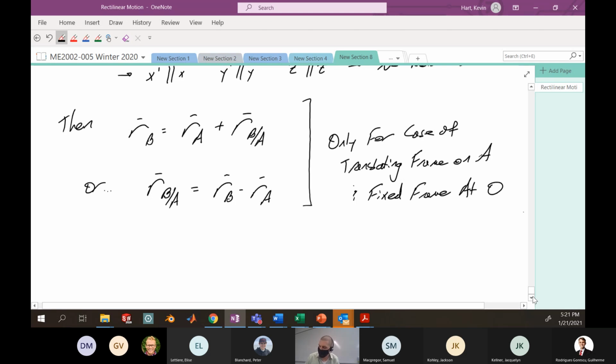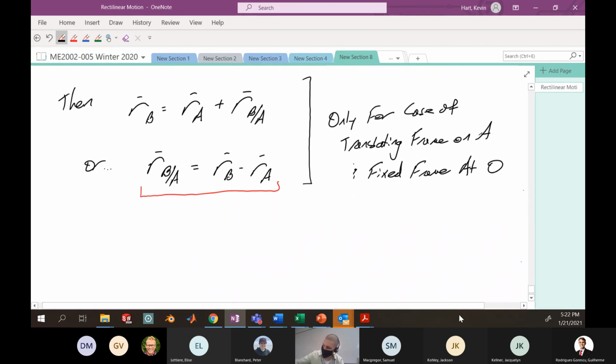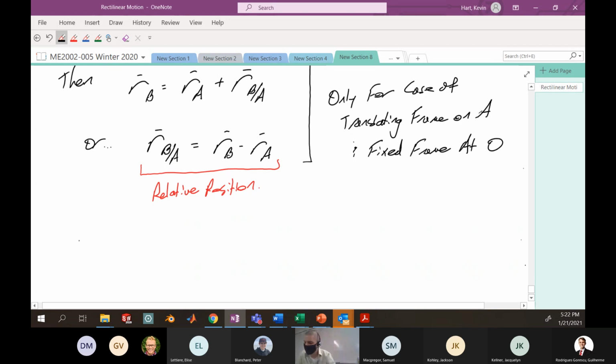So with this general idea, and knowing what we know about derivatives now, this here is your relative position in sort of 3D space. You also may be interested in relative velocity equations.